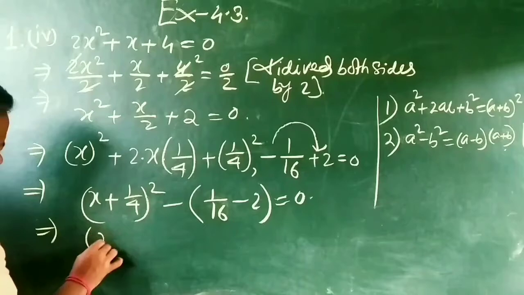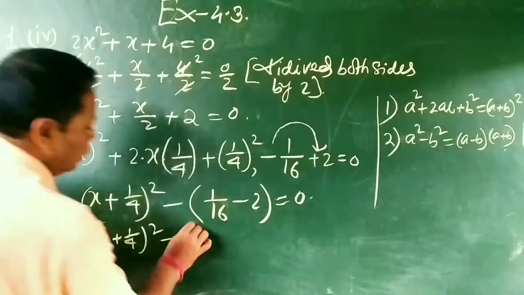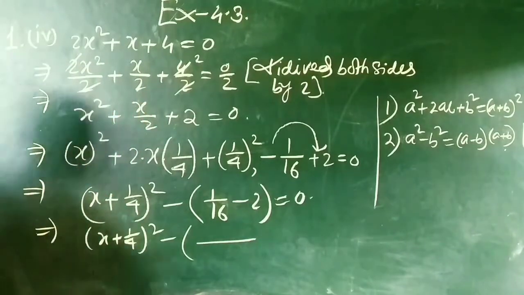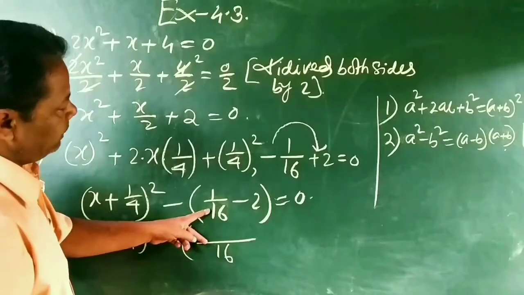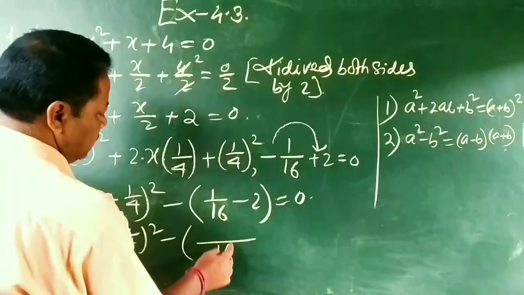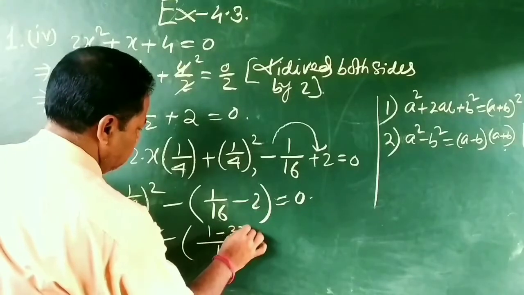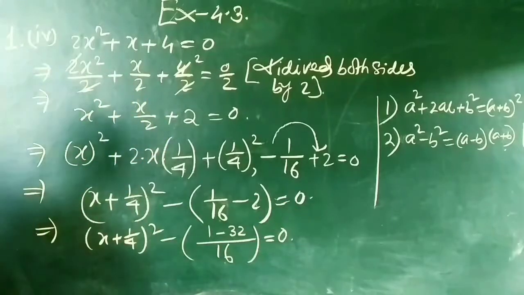Then x plus 1 by 4 whole square minus. This is subtraction. The LCM is 16. Multiplying both fractions by the LCM, 16 cancels, getting 1 minus 32 equal to 0.